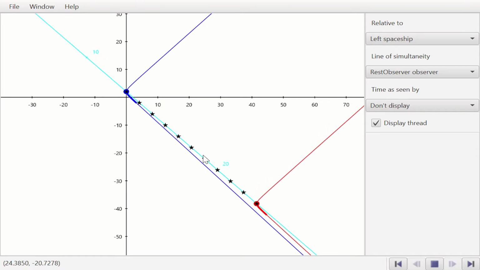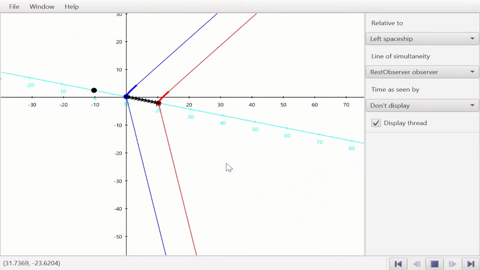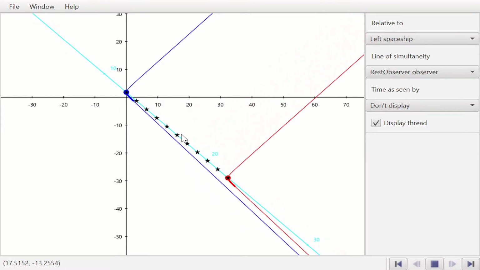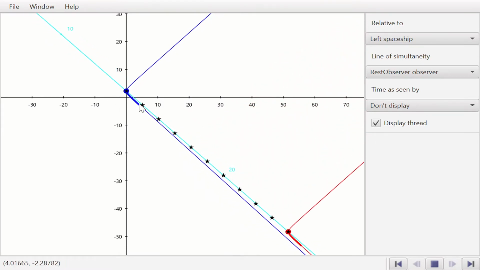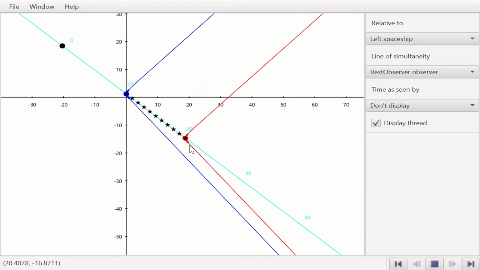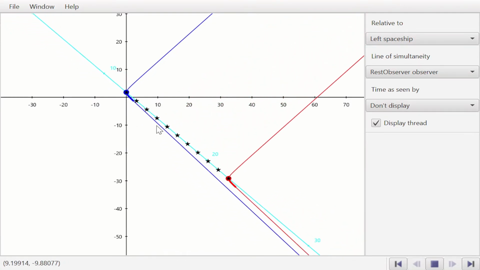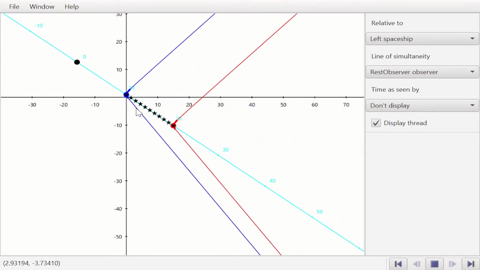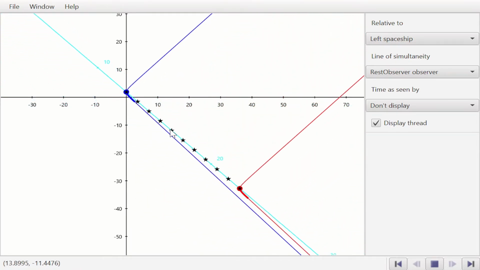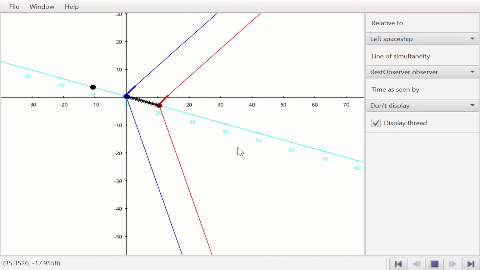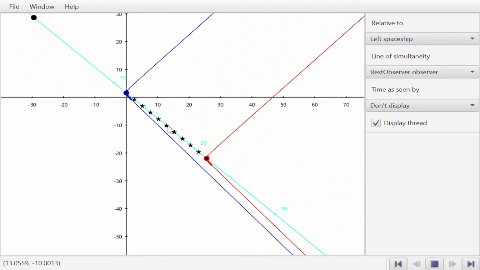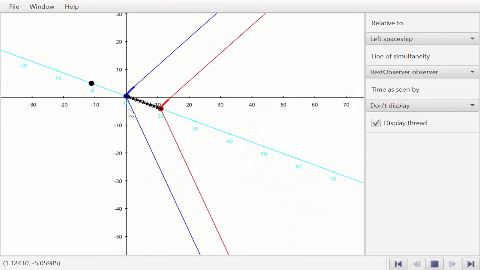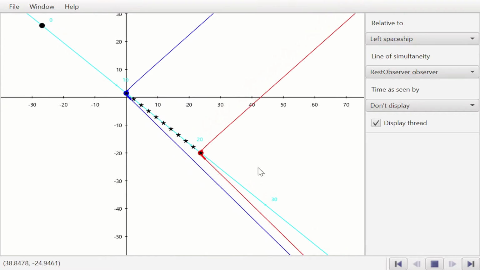This model basically looks at the length from the viewpoint of the attachment of the thread to the ship. So things that are attached are all attached at the same time, and they have the same tau value. If you look at their clocks, they would all have exactly the same reading at every point in this animation.